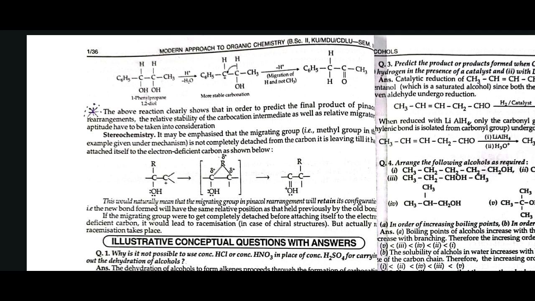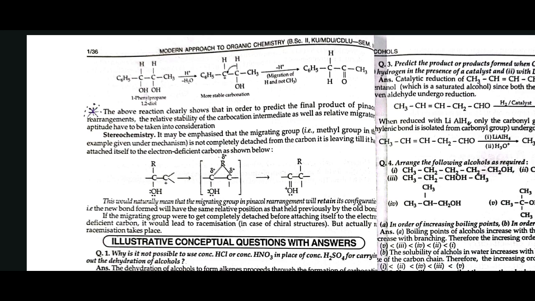Stereochemistry. It may be emphasized that the migrating group, that is, the methyl group in the given example under mechanism, is not completely detached from the carbon. It is moving until it has attached itself to the electron deficient carbon, as shown below. This would naturally mean that the migrating group in the pinacol rearrangement will retain its configuration.